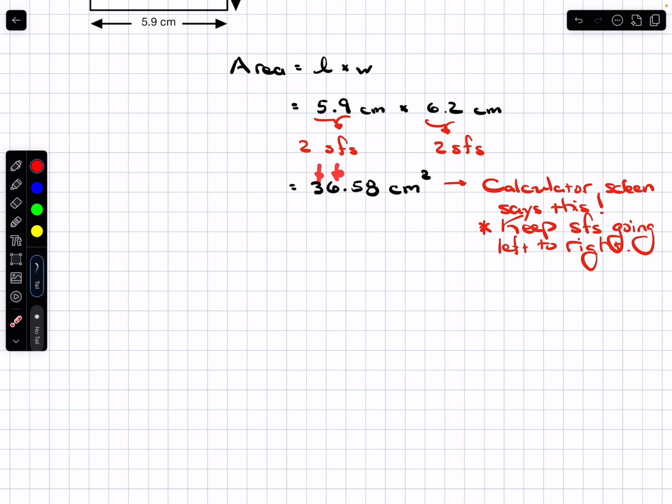The first 2 are going to be our significant digits. So that means that anything past the ones place is not going to be significant. So the tenths and the hundredths here are not significant. But these first 2 numbers here, these are significant.